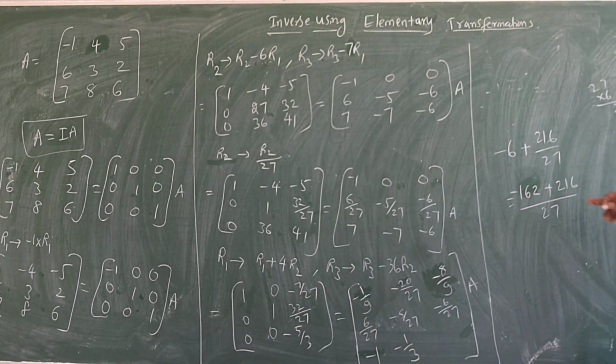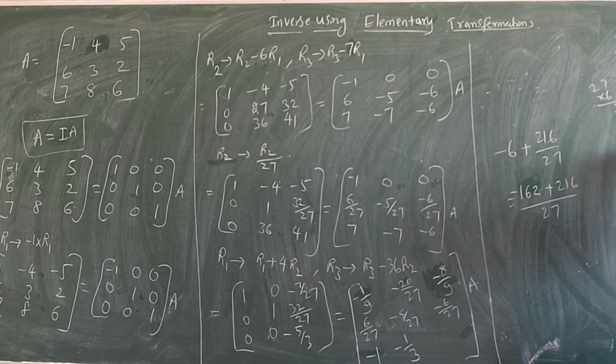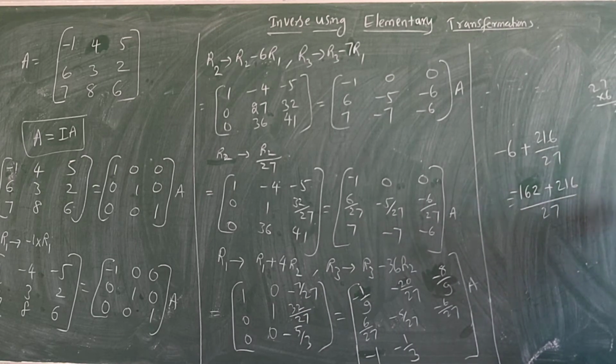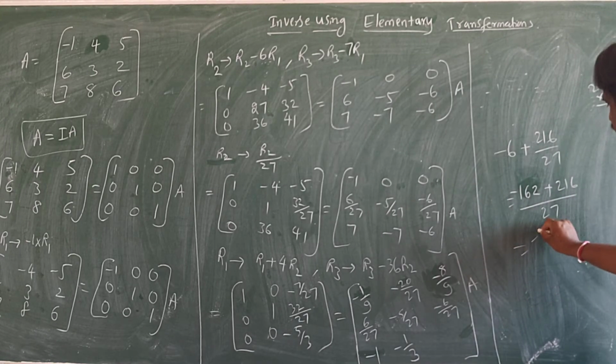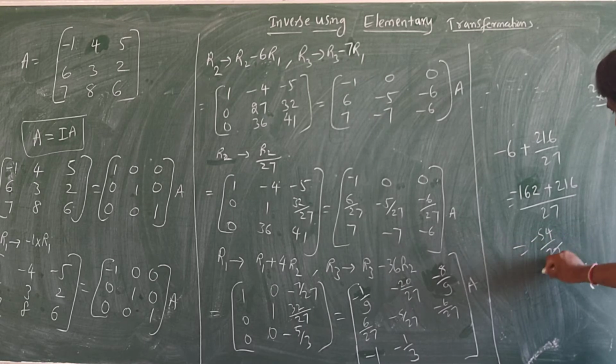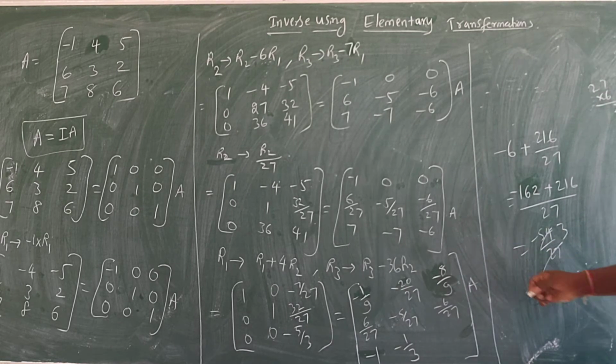So it is 38, 16, which means 54. Minus 54 by 27, 27 threes are. Yes. Minus 3.